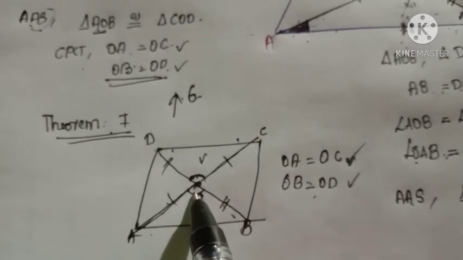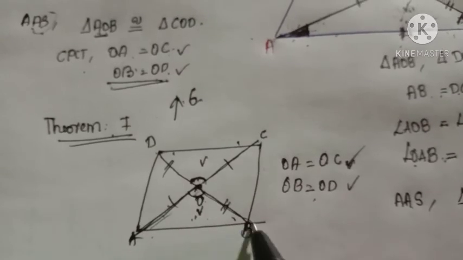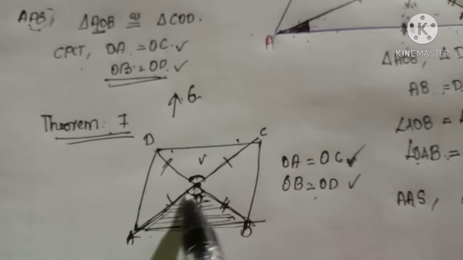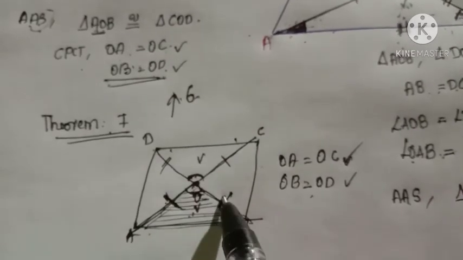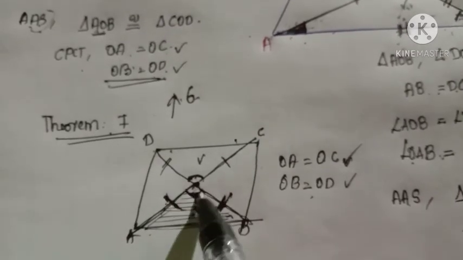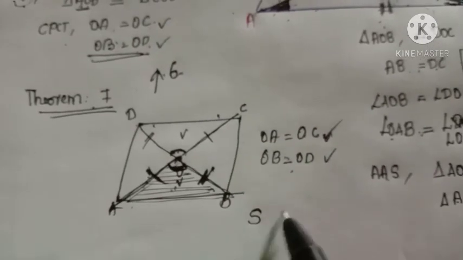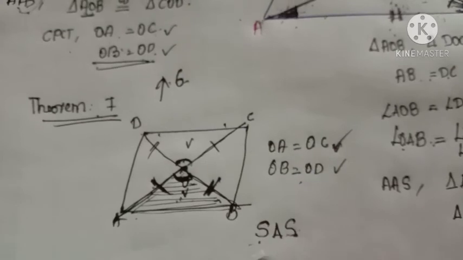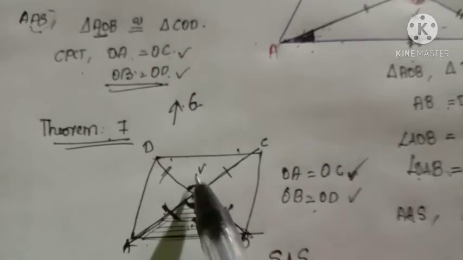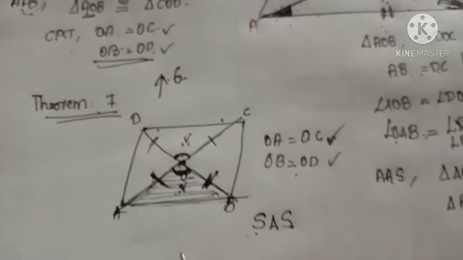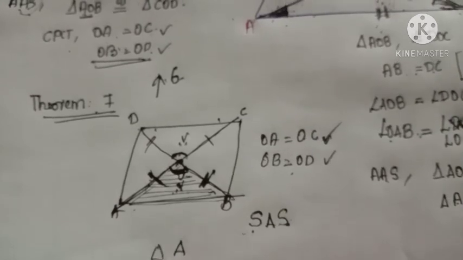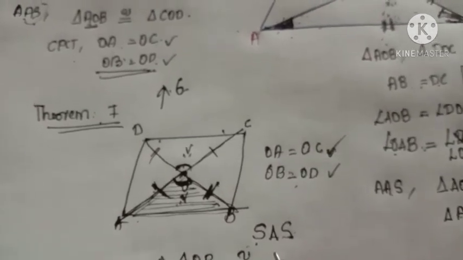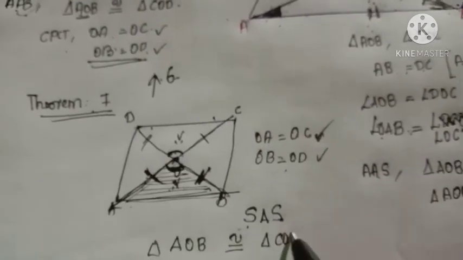Is it the included angle? Looking at one of the triangles only, AOB, two sides and included angle means it is SAS. So by SAS congruence rule, these two triangles are congruent to each other. That is, triangle AOB is congruent to triangle COD.